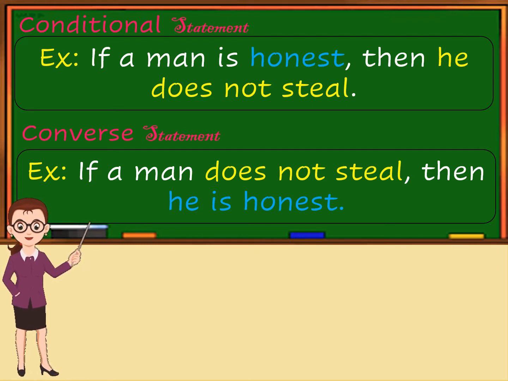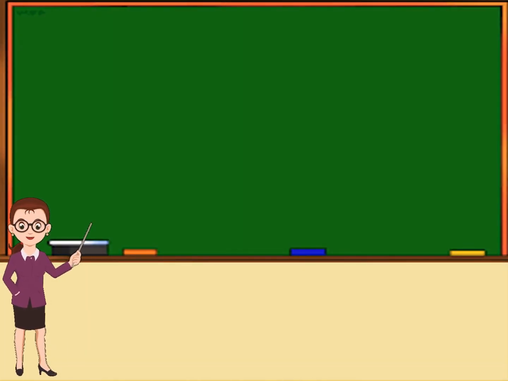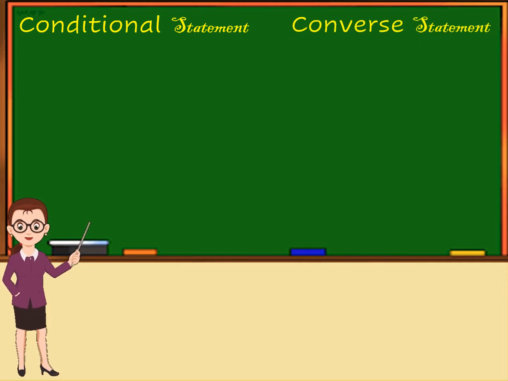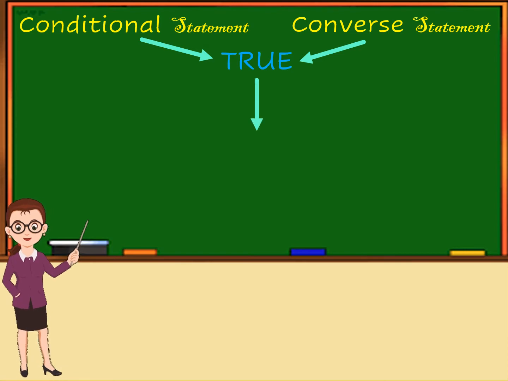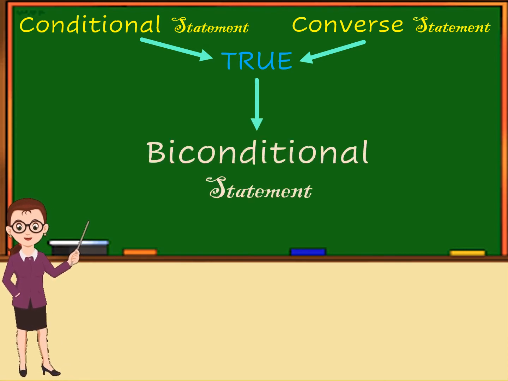What can you say about these two statements? Are they both true statements? Yes. Remember this, class. When both the conditional statement and its converse statement are true statements, then they form a biconditional statement.